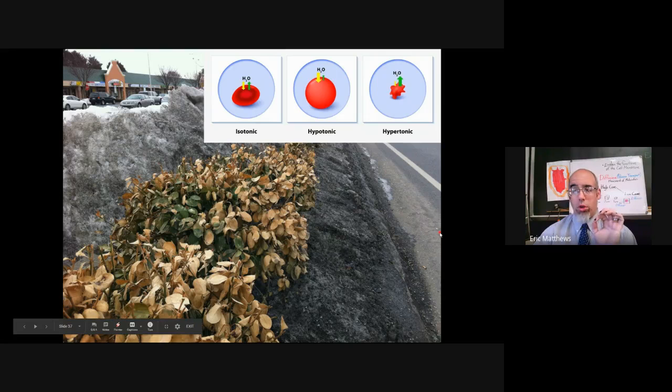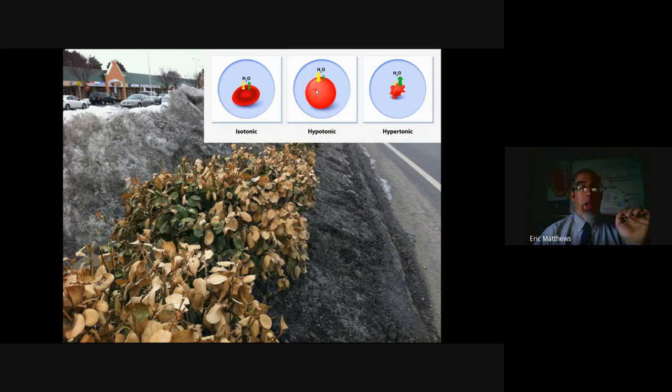We salt roads in the winter. The salt helps the snow and ice to melt, but it also creates which one of these three environments? There go the lights in the room because, of course. So adding a bunch of salt water around here, is that going to create a situation where the plant and the surrounding have the same amount of water?